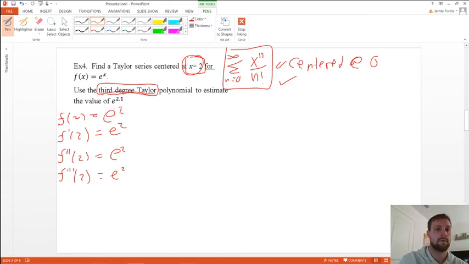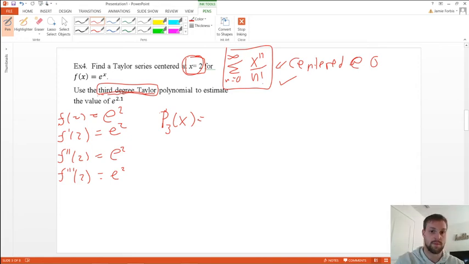So that's pretty cool. Now I'm going to create the 3rd degree polynomial, P3 of x, is equal to. If you look at the formula, it's my first term, f of 2, which is just e squared.